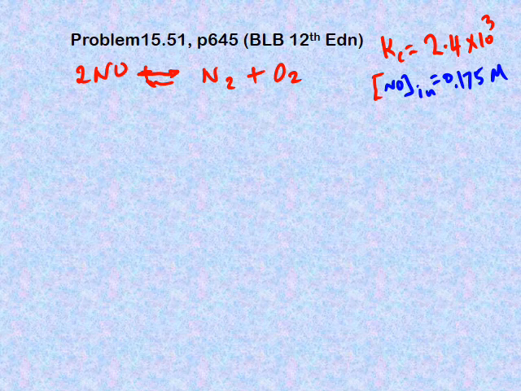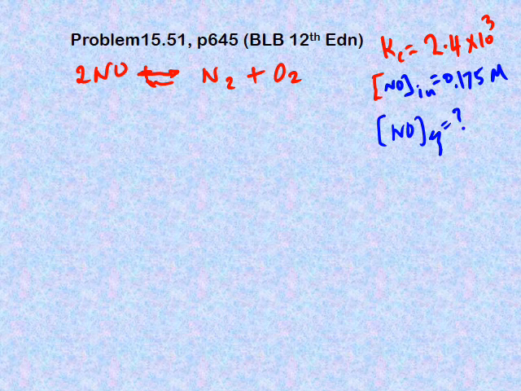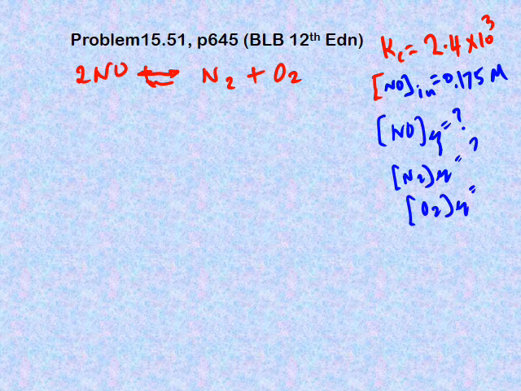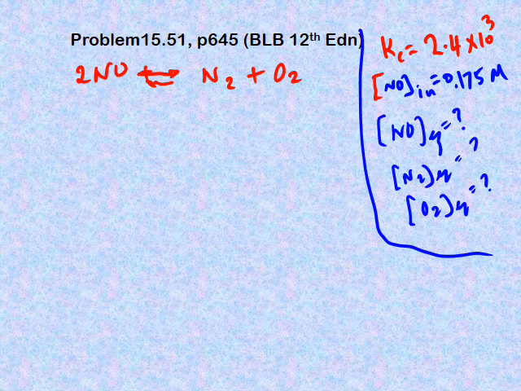Now the question is, what is the equilibrium concentration, or final concentration after equilibrium is reached, for NO, N2, and O2? Okay, so we read the question and wrote down the given information and what we're supposed to calculate.